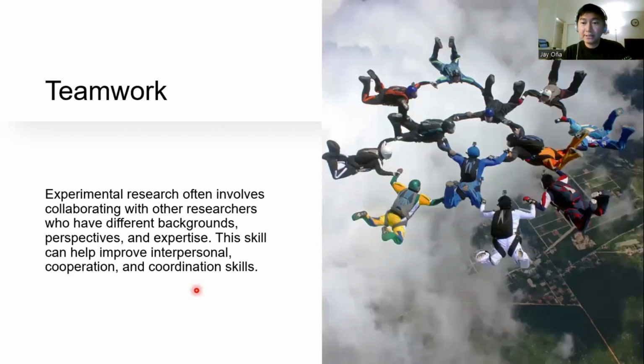And of course, teamwork is there because most of the time these research projects are done in groups. So it's very important that they develop a proper coordination among themselves and with their supervisors and other parties involved in order to succeed with this research project within the time frame or schedule for them to finish it.